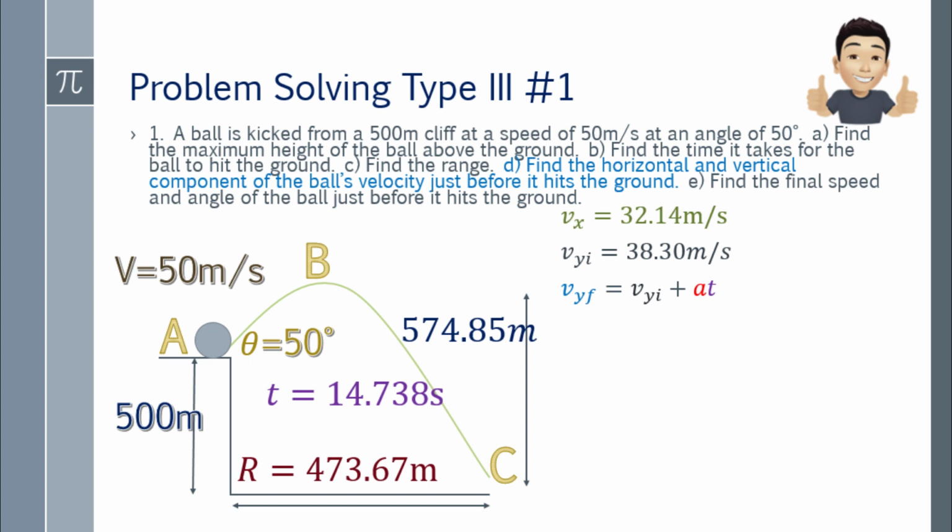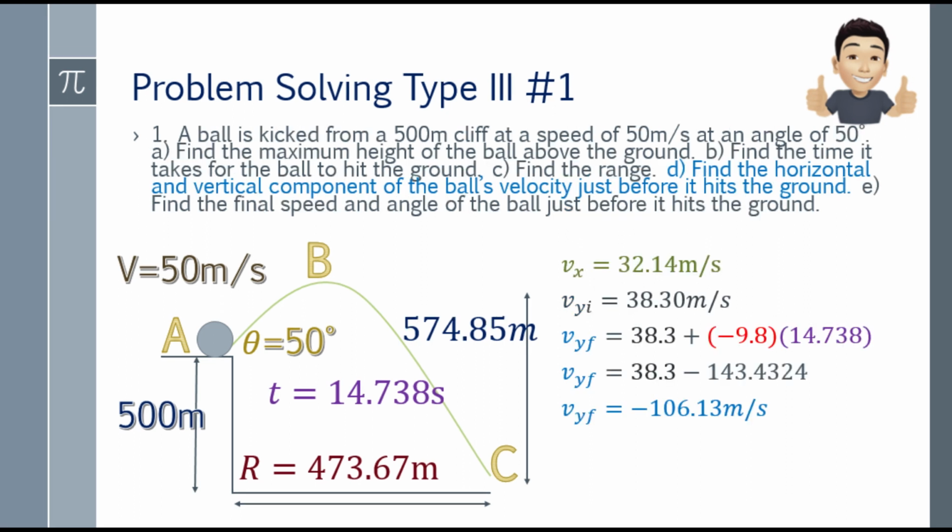And we have the formula, Vyf is equal to Vyi plus acceleration times time. So algebraically, I'll just plug in the values. Vyf is equal to 38.3 plus negative 9.8 times 14.738. So that will be 38.3 minus 143.4324, and the final velocity in the vertical component is negative 106.13 meters per second.